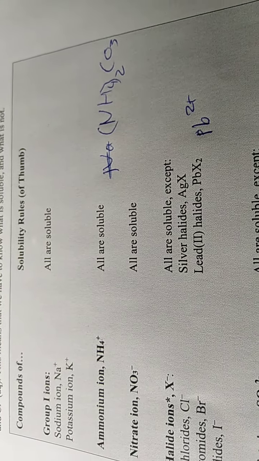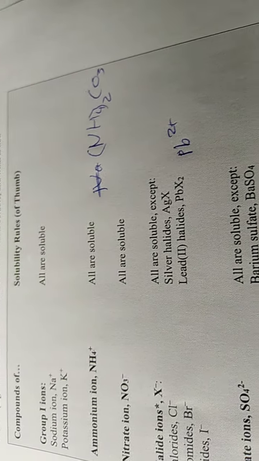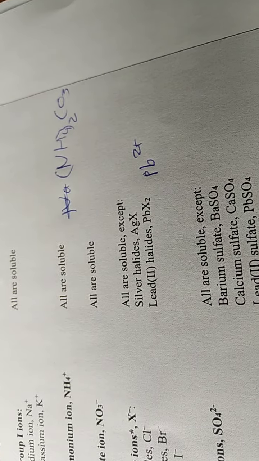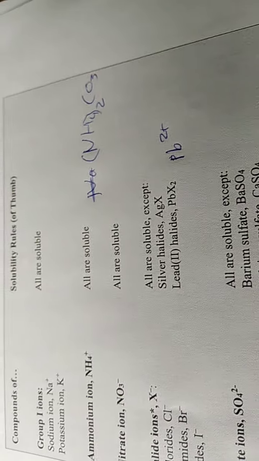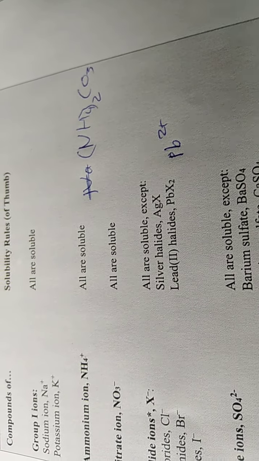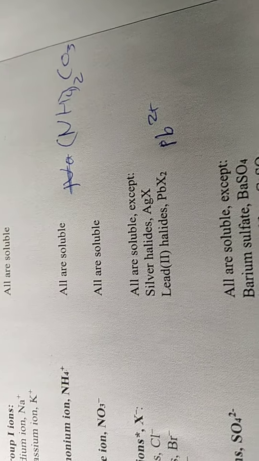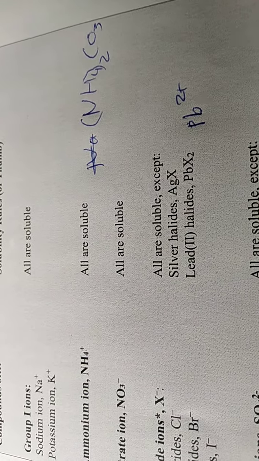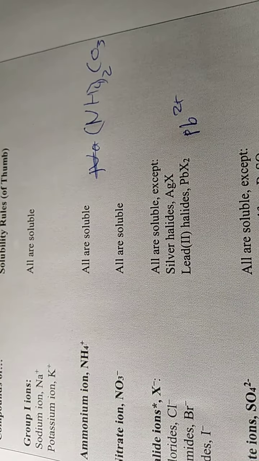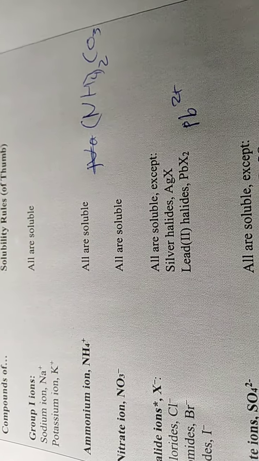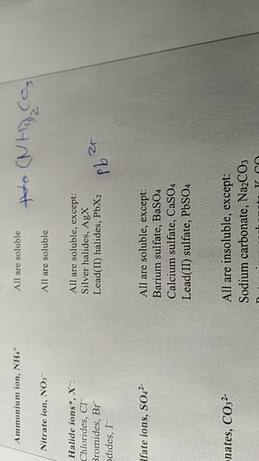So under halide salts, we can say that group 1 halides, group 2 halides, transition metal halides, and group 3 halides are soluble, except for silver and lead, which are insoluble. So whenever we have a compound like lead chloride or silver bromide, they form an insoluble compound, so we notate them as solids.